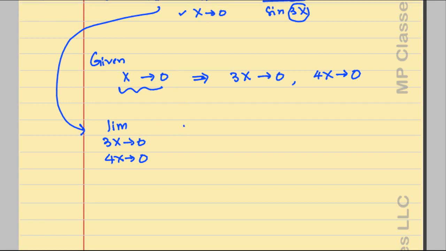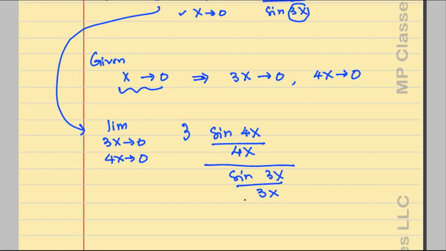So we will write 3 sine of 4x over 4x divided by sine of 3x over 3x.